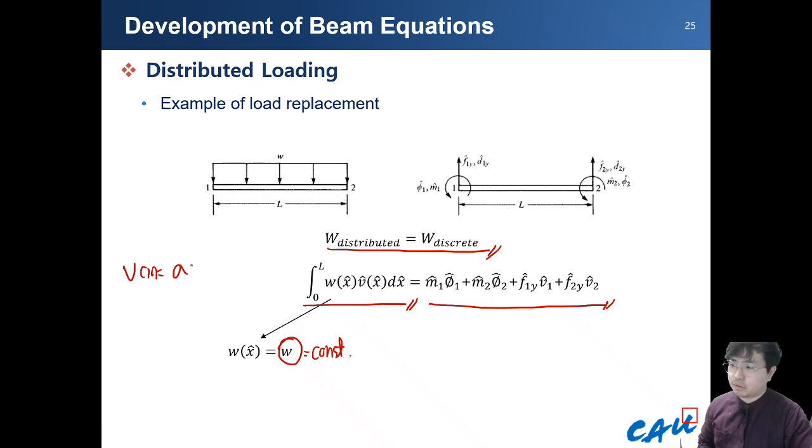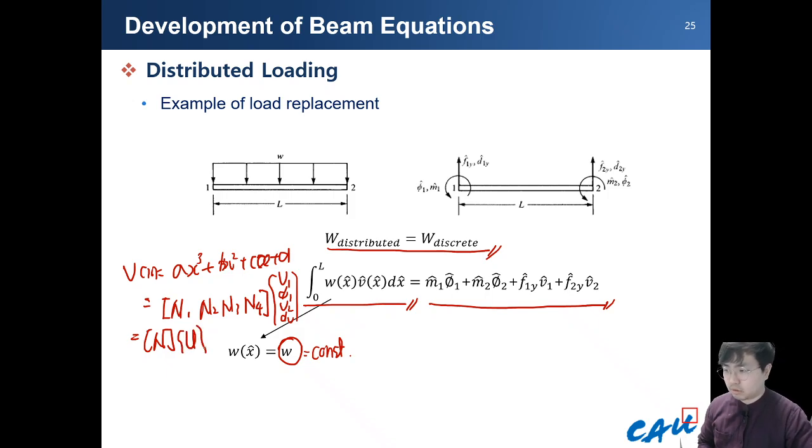In the previous lecture, we assumed that the vertical displacement is a third order polynomial equation with V1, pi1, V2, pi2.